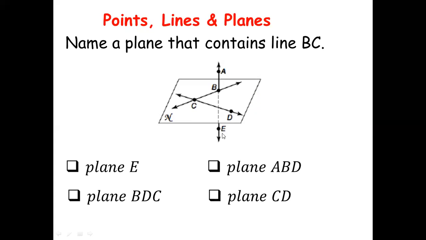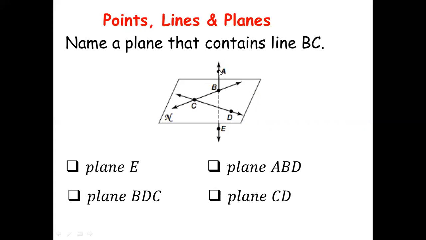It's outside. The next option is plane ABD. What about ABD? Can we take point A as a point on the plane? No, we can't, because point A is out of the plane. You can see it's outside, it's not inside the plane. So we cannot take plane ABD also, because point A is out of the plane.